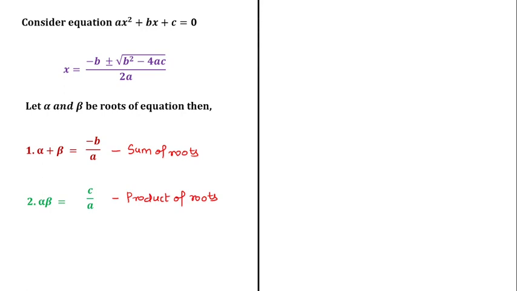Now, if the question is reverse, alpha and beta are roots of the equation that is given. That means for the quadratic equation, if two roots are given, values of alpha and beta are given to you. Now the question is how to find that equation.